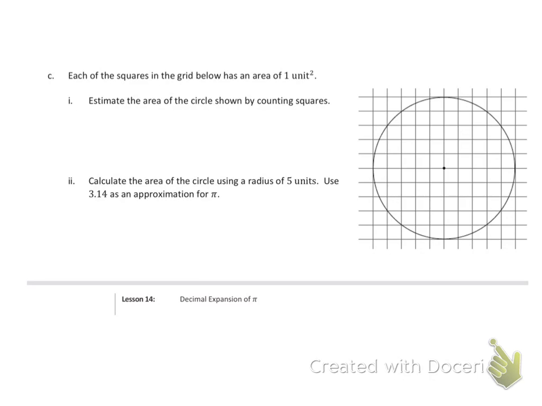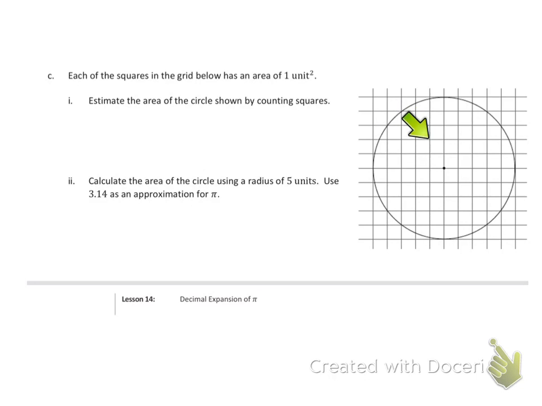Okay, so we're going to look at one more exercise here. And if you look at this circle here, each of the squares in the grid to the right here has an area of 1 unit squared.